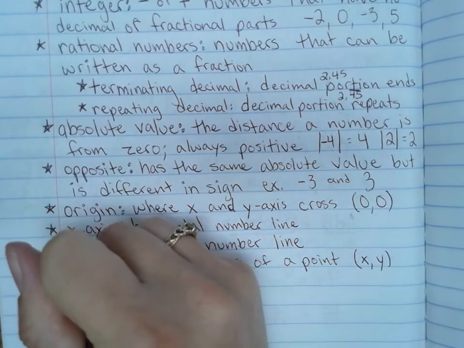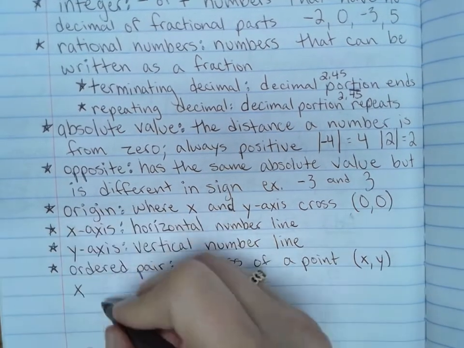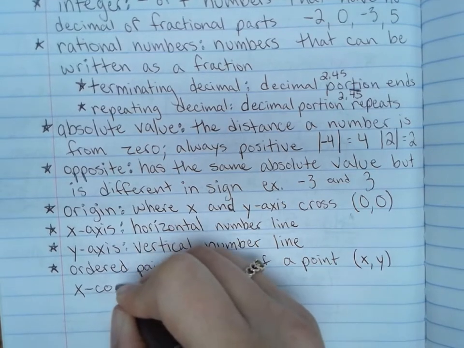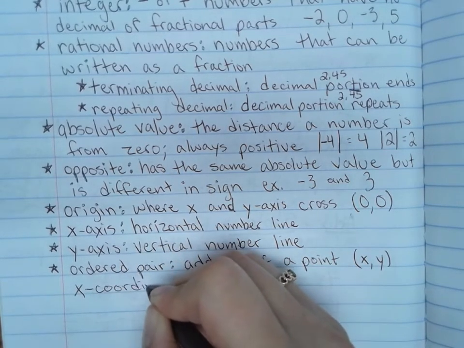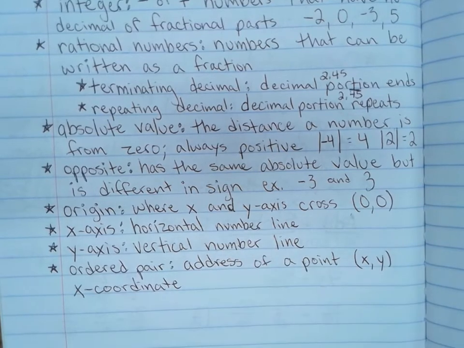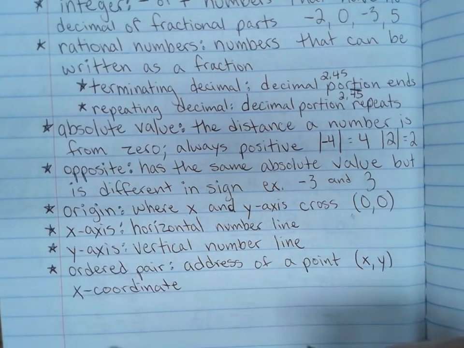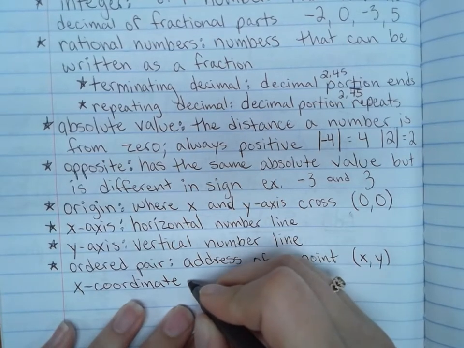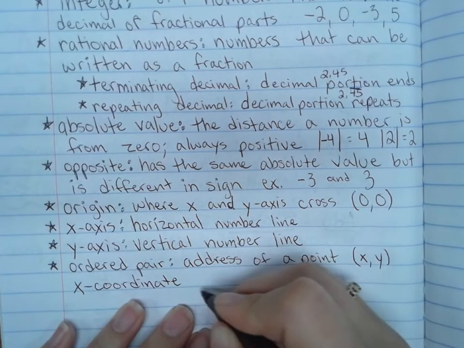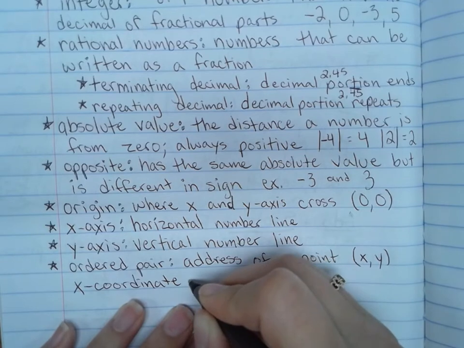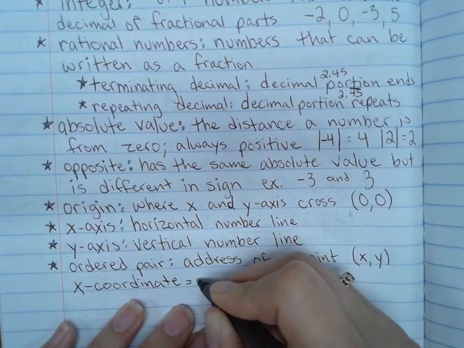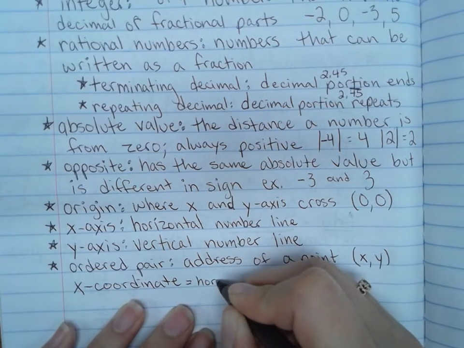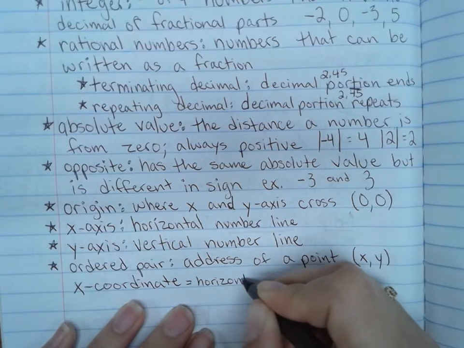With the x coordinate, okay, the x coordinate would be the horizontal and the y coordinate being the vertical. Now these are the distance from the origin.